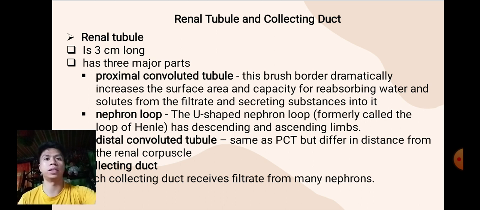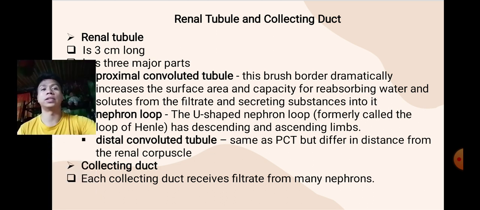Okay, we have already discussed this one. Next slide. Again, the renal tubule is about 3 centimeters long, and this tubule has three sections: the proximal convoluted tubule, the nephron loop, and the distal convoluted tubule.